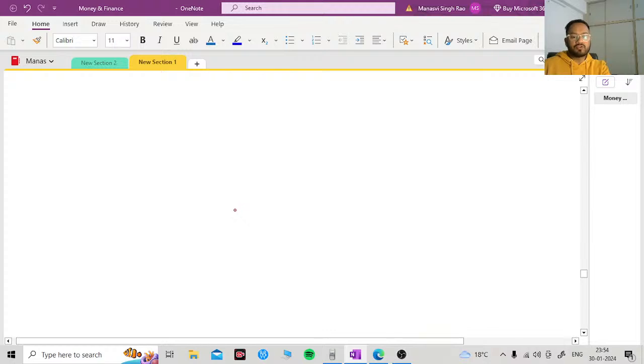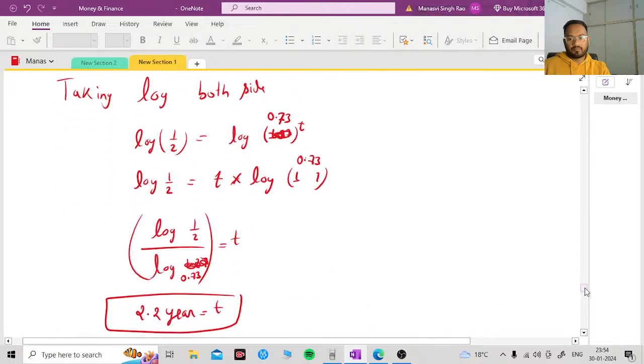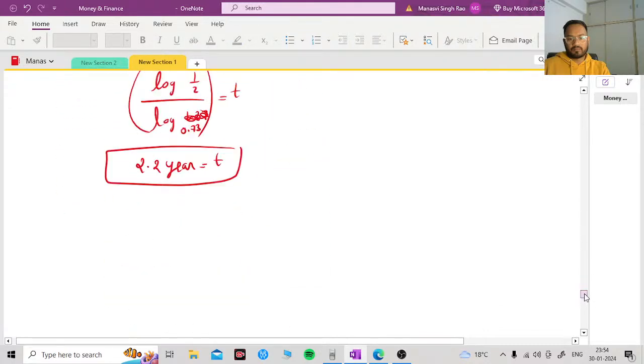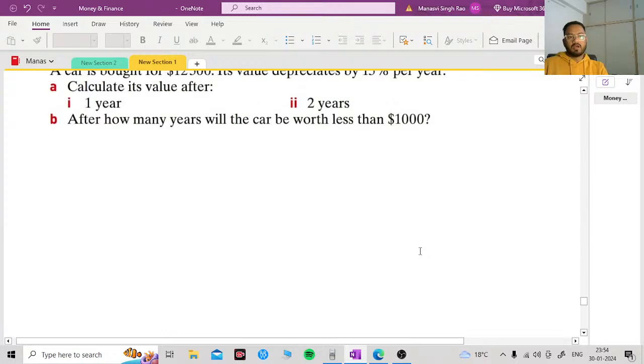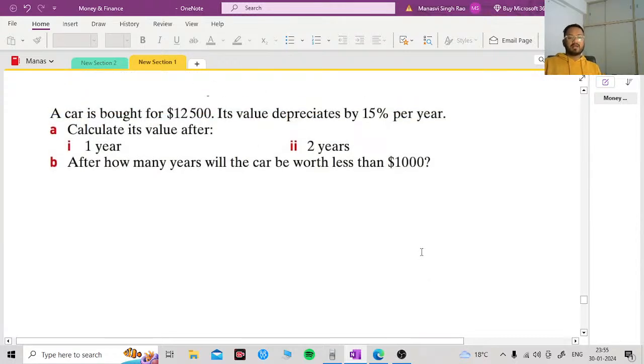Now coming to the last question. Let's see if you can do it or not. Final question, 2.2, correct. Sure, you are correct. A car is bought for 12,500. Its value depreciates by 15% per year.